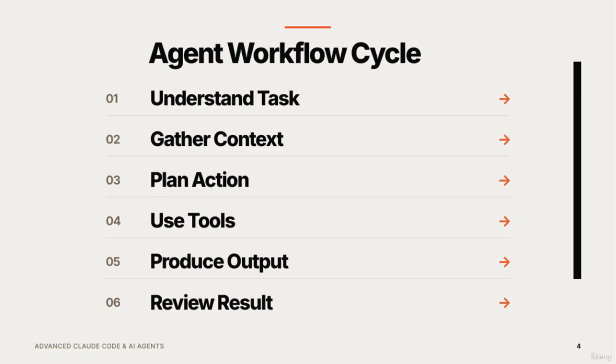After planning, the agent uses the appropriate tools, which include various algorithms, APIs, or databases to execute the plan. This leads to producing the output, which is a tangible result or response generated by the agent. Finally, the agent reviews the result, checking for accuracy and effectiveness before concluding the cycle or iterating if necessary. This structured approach ensures that AI agents like advanced Claude Code perform tasks methodically and reliably.